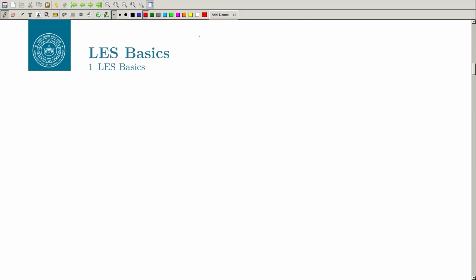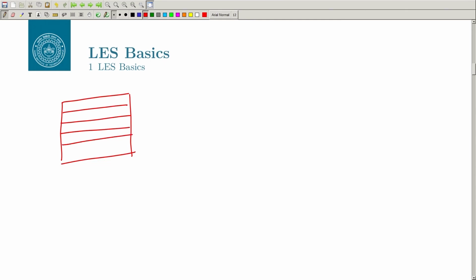okay. So, let us discuss in terms of grid, right. So, let us say this is my grid here. Okay. So, this is your grid, and if you want to resolve any eddy, you need these 4 grid points, right.